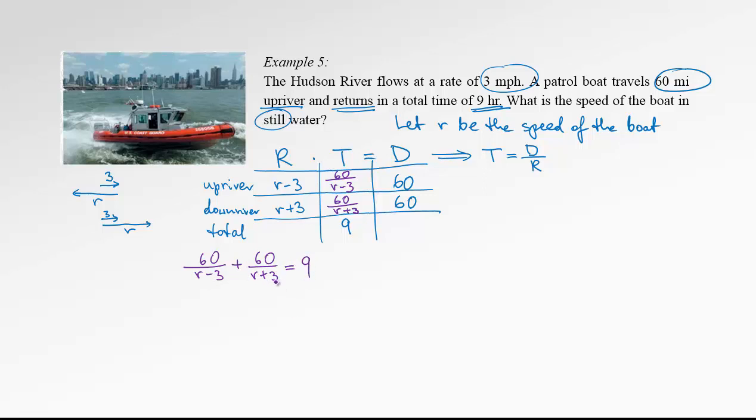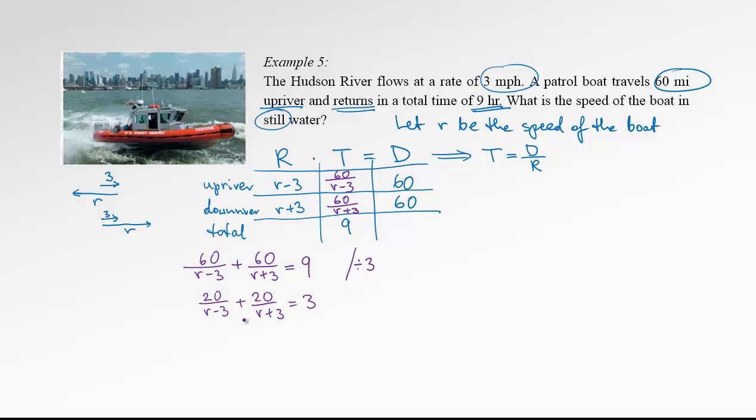Okay, so we ended up with a rational equation. To simplify this equation a bit, we could divide it by 3, so the coefficients become a little bit smaller to work with. We have 20 over r minus 3 plus 20 over r plus 3 equals 3.